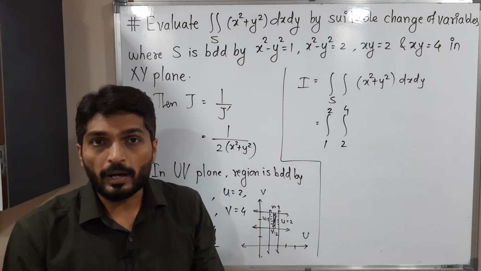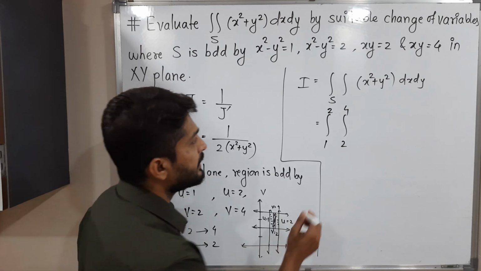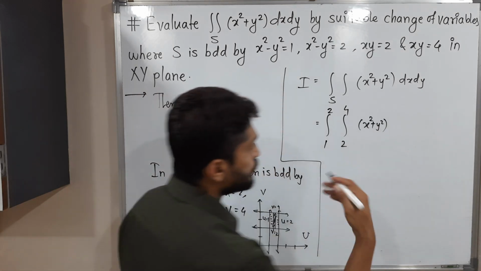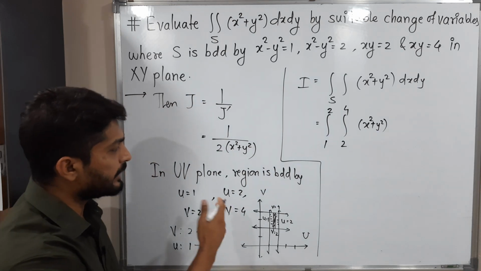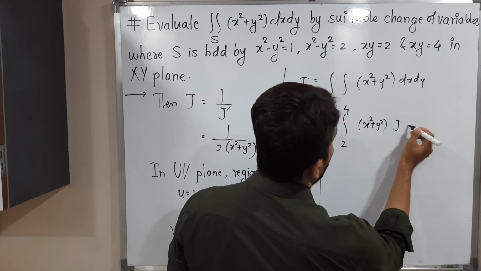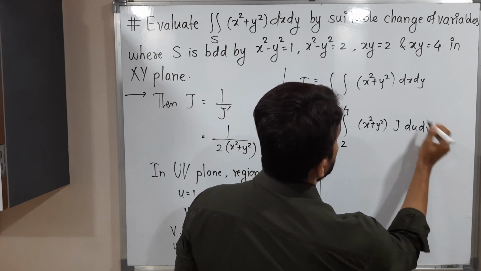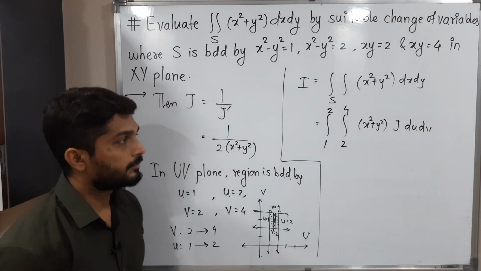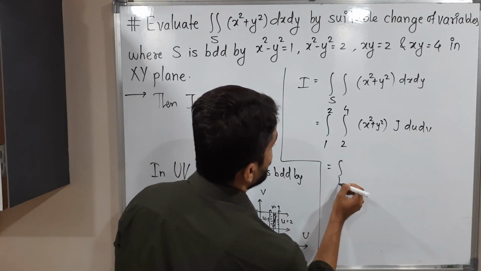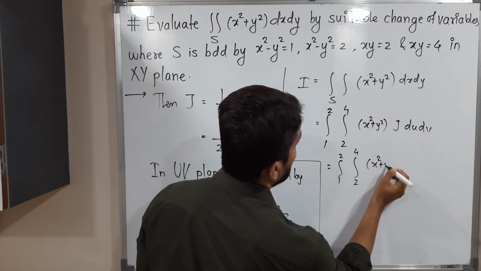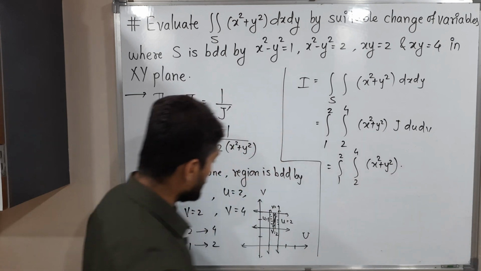So right now I will keep it as it is. Okay, so let me write x square plus y square as it is. Actually we are supposed to express it in terms of u and v, but we know there is some relation between them. So I am supposed to write z here and du dv, since dx dy is nothing but z du dv. Okay. This is equal to integration 1 to 2, integration 2 to 4, x square plus y square. What is our z?